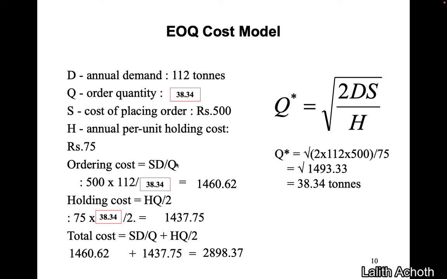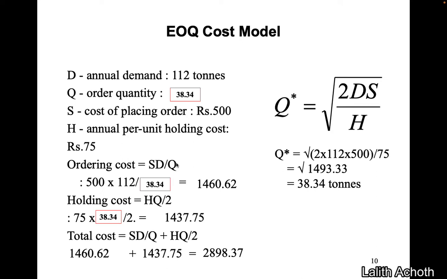Then my ordering cost will be 500 into 112 divided by 50. So that gives me a value of 1120. So I'm just taking a quantity other than the economic order quantity, and I get 1120.